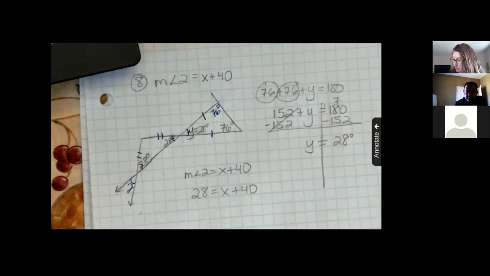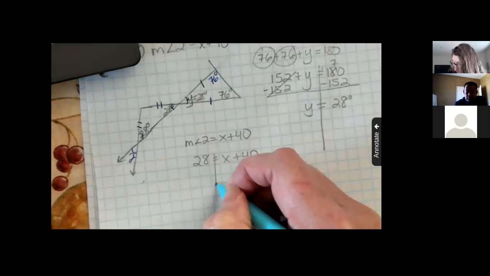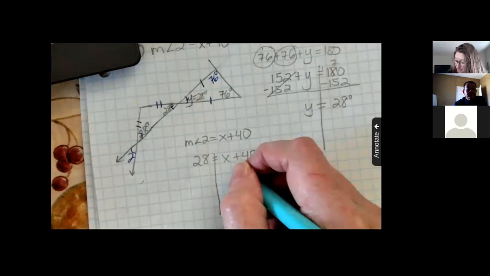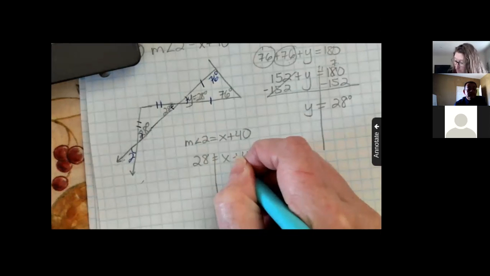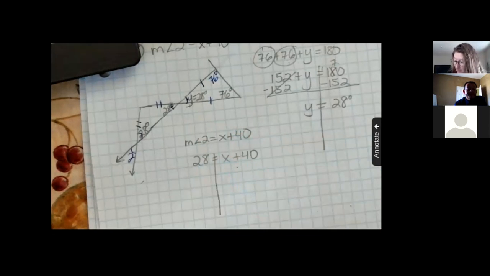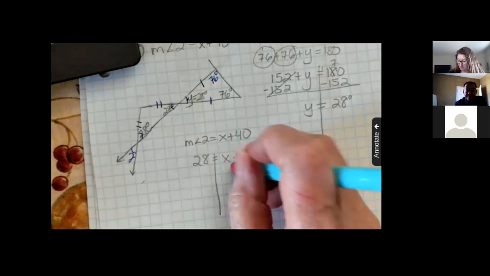What do I do to solve for x? Start by subtracting 28 from 40. Well, I want to keep the x over here and the 28 over here. So yes, I could move that, but then you have 0 over here. And I want to keep my constants on the left and my variables on the right.